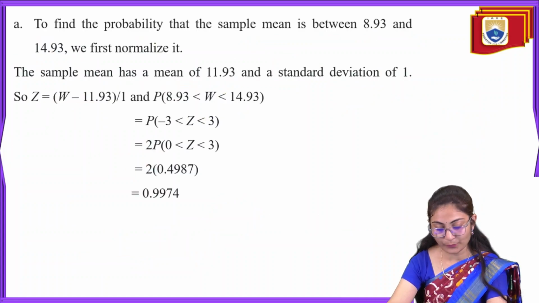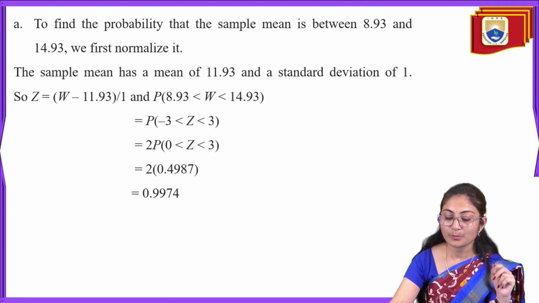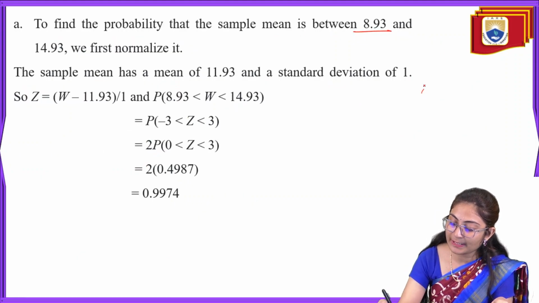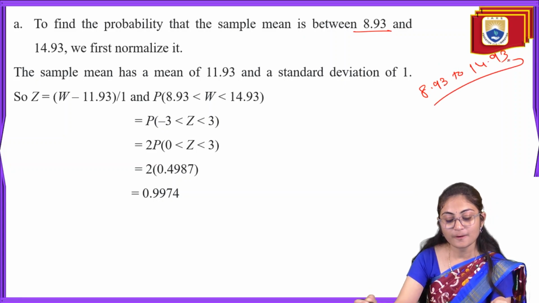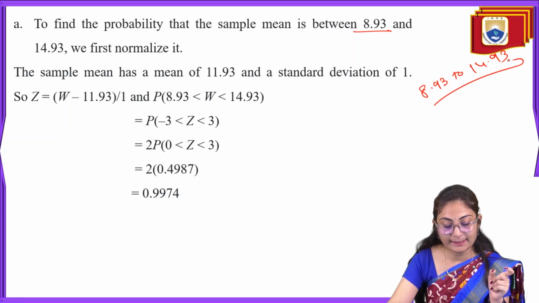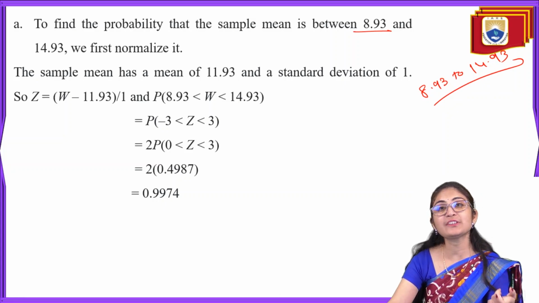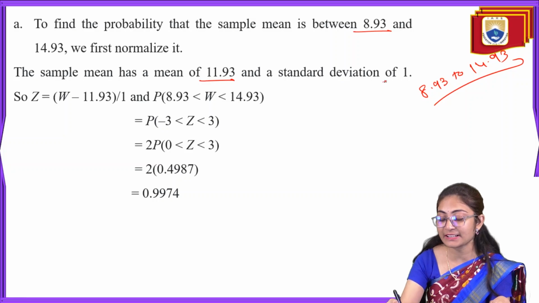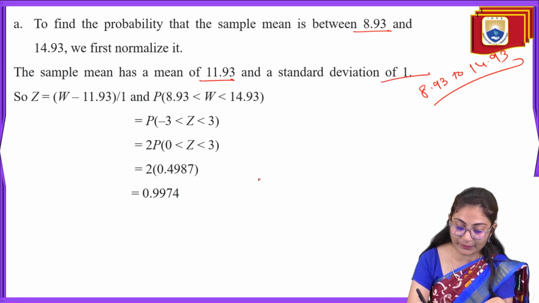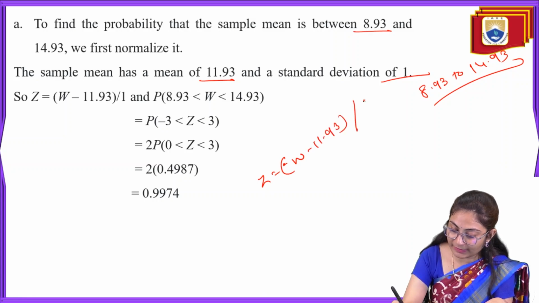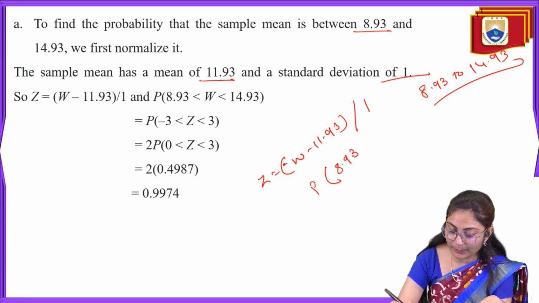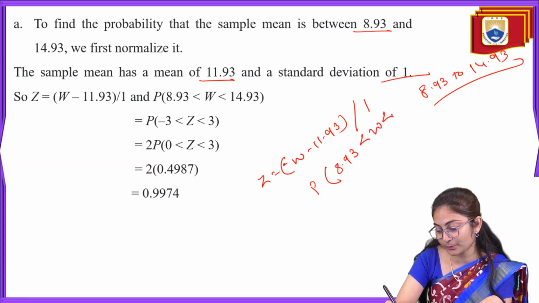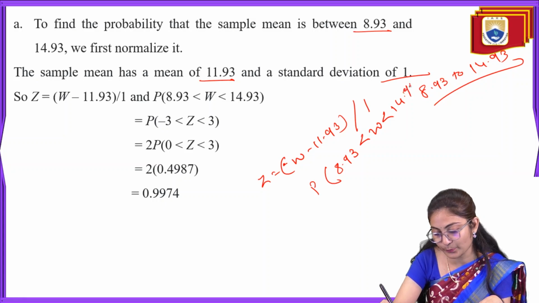Now we have to find first the probability that the sample mean is between 8.93 and 14.93. First we have to normalize it. The sample mean has mean 11.93 and standard deviation 1. So z is equal to w minus 11.93 divided by 1, and we can say P of 8.93 less than w less than 14.93.